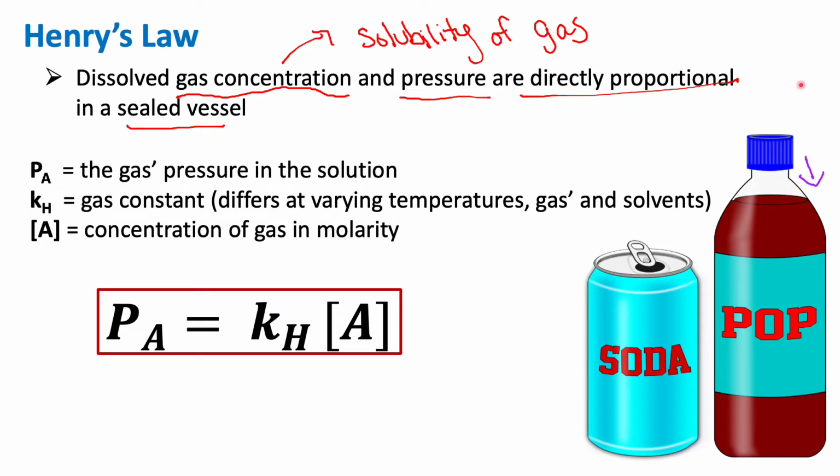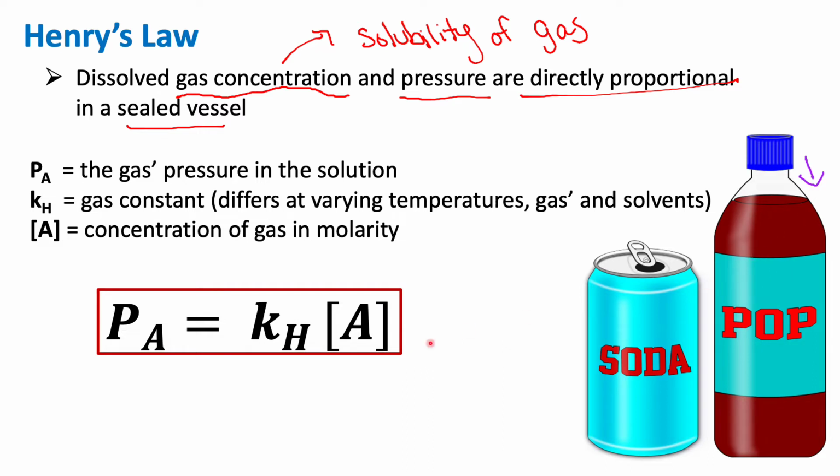If we expose that carbon dioxide in this airspace, we're actually decreasing the pressure. Right now the pressure is higher because it's a sealed vessel and air can't escape. When air escapes, the pressure over here decreases, and if the pressure decreases, our pop tastes less carbonated because the gas concentration or the solubility of that gas has decreased.